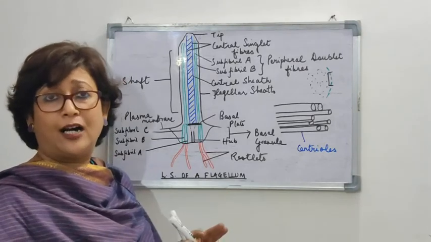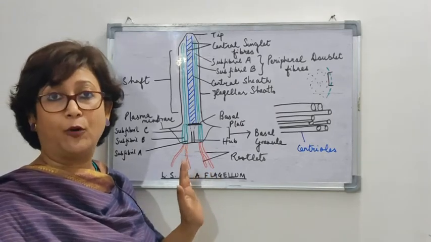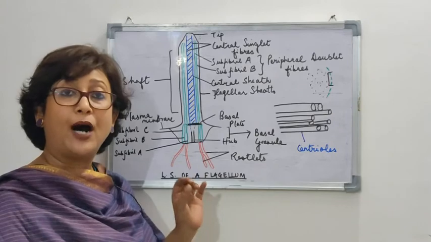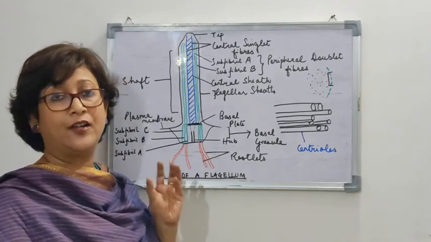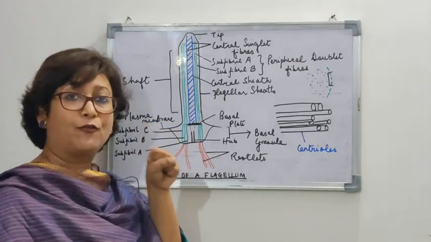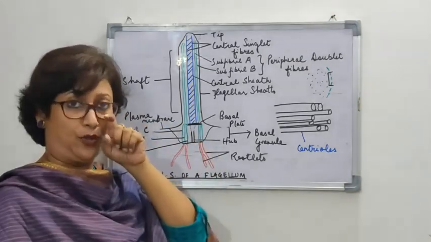What is the function? They are meant for providing support to the basal body. The rootlets are made up of bundles of microfilaments. They are microscopic, but bundles of microfilaments make up one single rootlet.